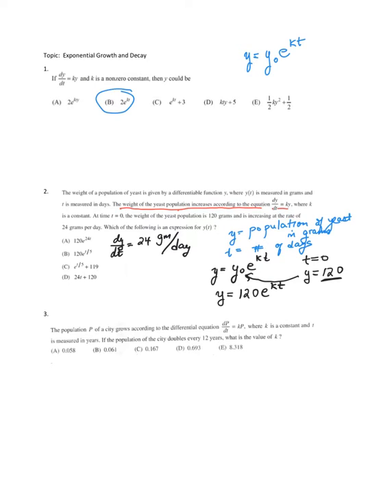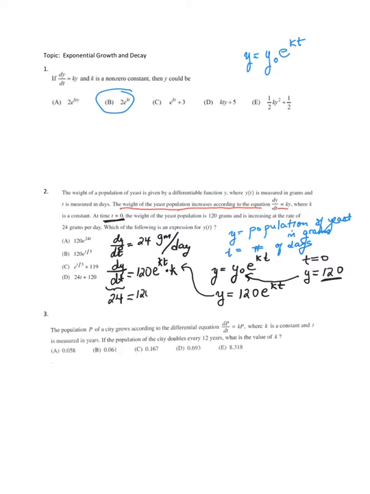So there's a little twist to this particular problem. So what we'll do is we're going to differentiate this equation. dy dt equals 120 e to the kt times k by the chain rule. Okay, now dy dt is given to be 24 grams per day at time 0, because it did say two things are happening at time 0.